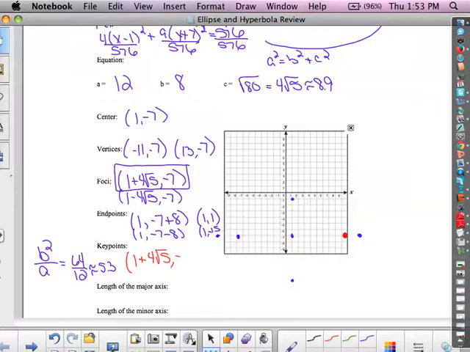So I have minus 7 plus 5.3, which means I'm going to go to negative 1.7, about right here. And then at 1 plus 4 root 5, minus 7 minus 5.3, which means I'm going to be at about negative 12.3.